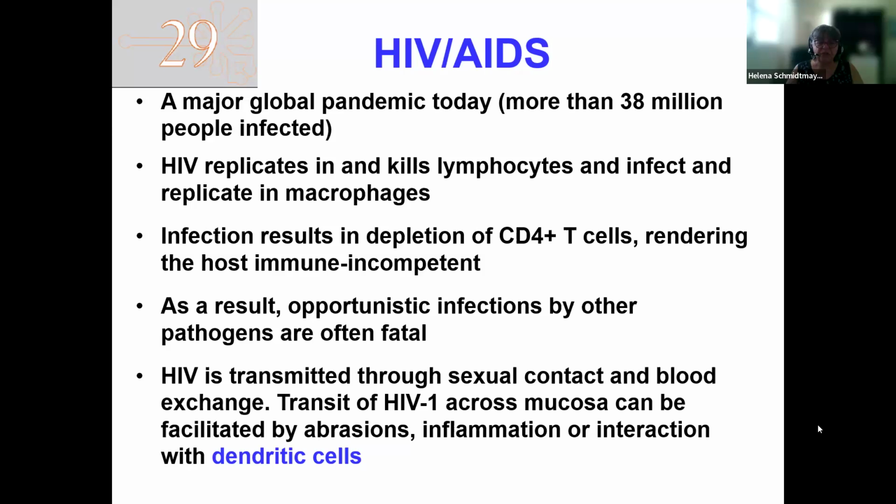Now, transmission: HIV is transmitted predominantly through sexual contact or blood exchange. And during sexual contact, HIV crosses mucosa, and this is facilitated by abrasion, inflammation, or interaction with dendritic cells, which reside in those areas.